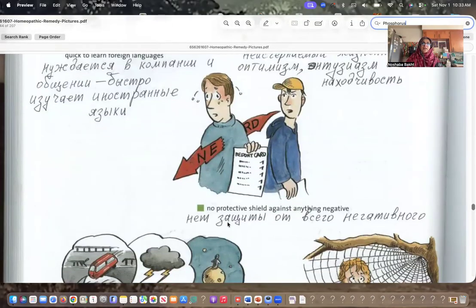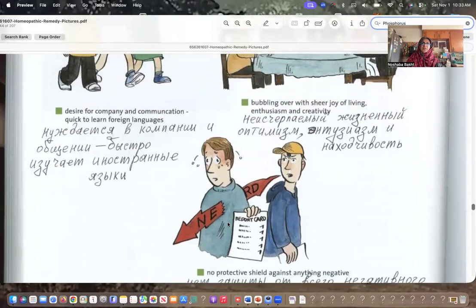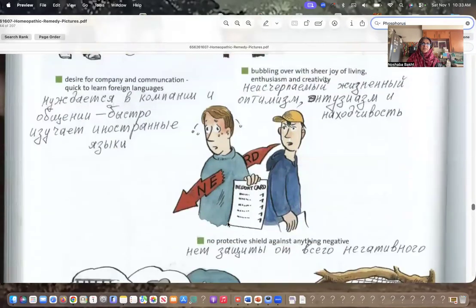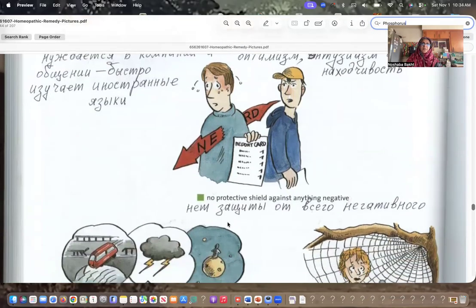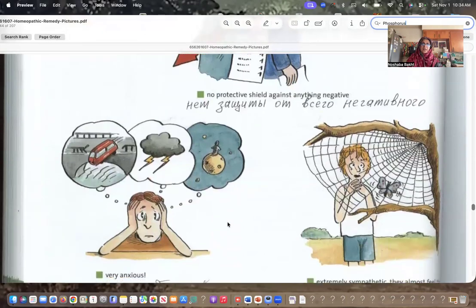Also, when somebody is giving them critical remarks, they feel very bad. Anything negative hurts them badly. Any bad remarks, any bad report, it will hurt them badly.